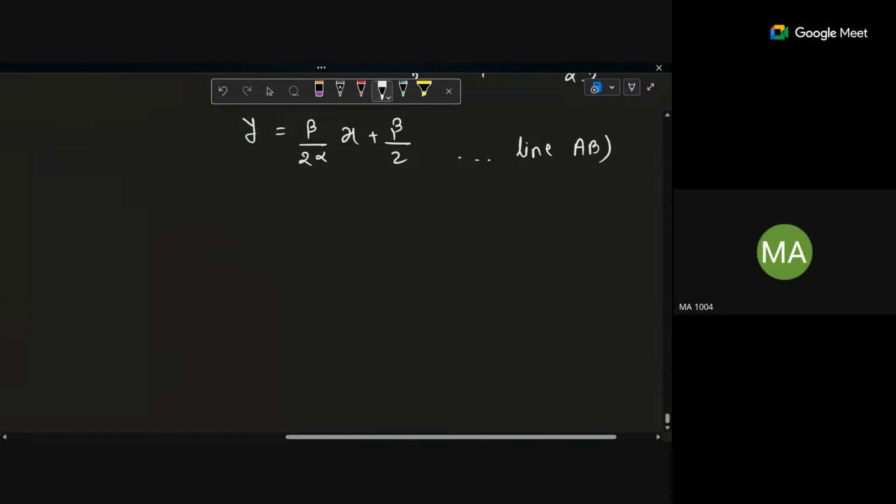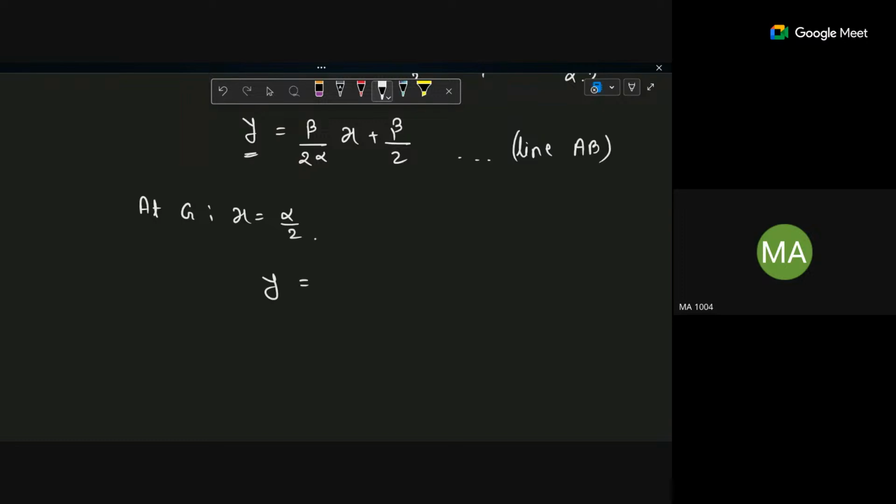Now, which point don't you know? You don't know y at point G. At G, your x is equal to alpha by 2. So what will be the value of y? Just put alpha by 2 here: beta by twice alpha into alpha by 2 plus beta by 2. It will be beta by 4 plus beta by 2, which is 3 beta by 4.